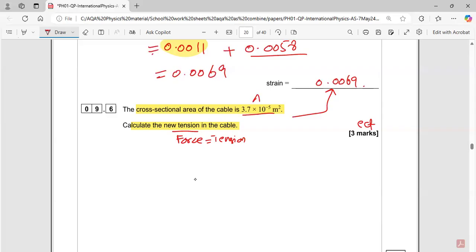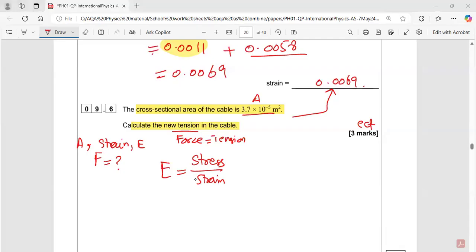So as the cross-sectional area is given, and then the strain is given, and you know the Young modulus as well, you have to find the force. So you will say, okay, I am going to use the Young modulus formula, which is stress over strain. So in this part, you will be using the strain's value, right?